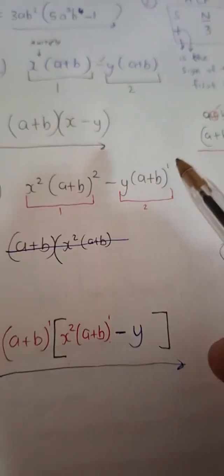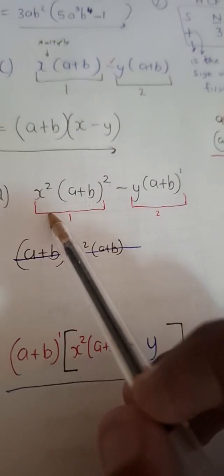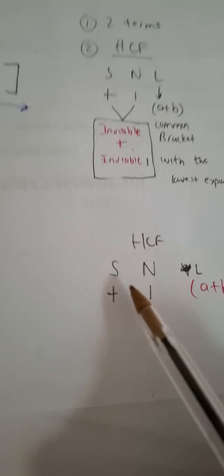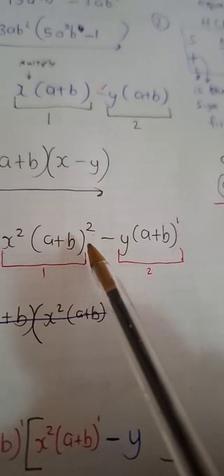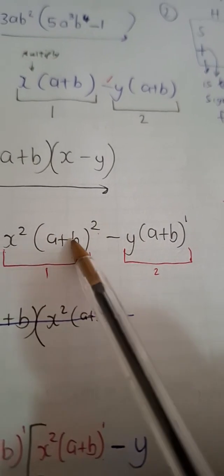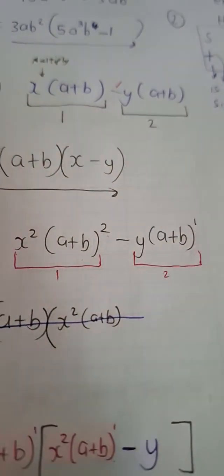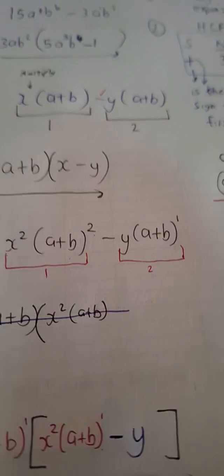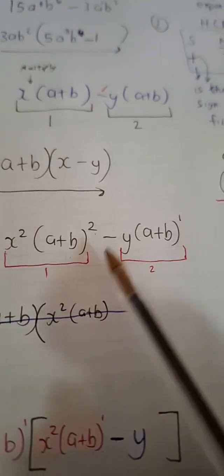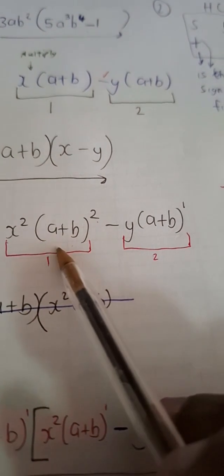Very important. When you take out that sign, it's a positive sign. So that's why I say positive sign. Highest common factor number, 1. Highest common factor letter, take out the common bracket. In this case, x squared and y are not common, so we don't take out x squared, we don't take out y. A plus b, on the other hand, is common.